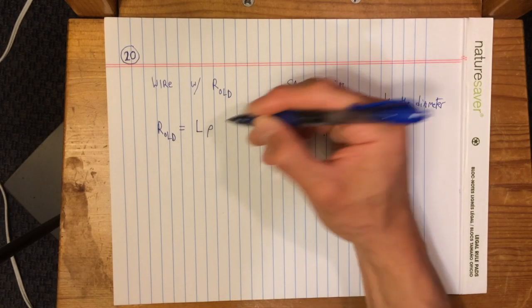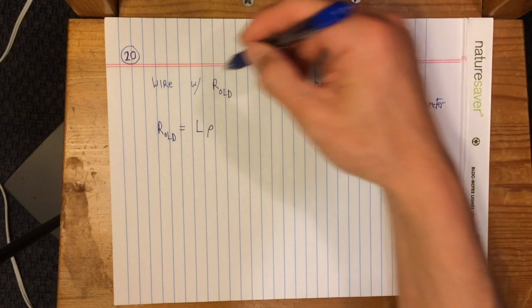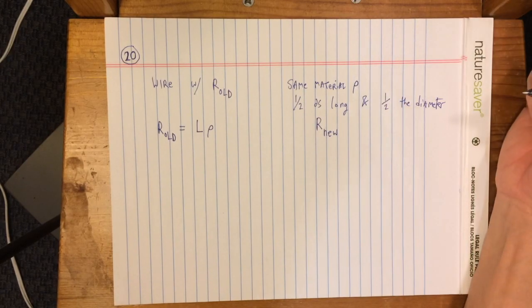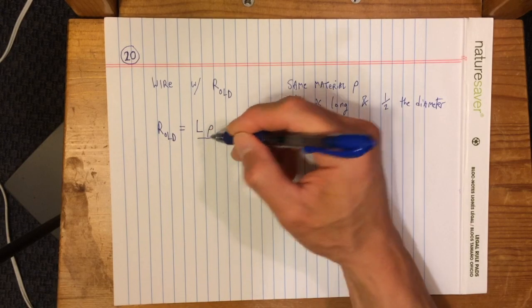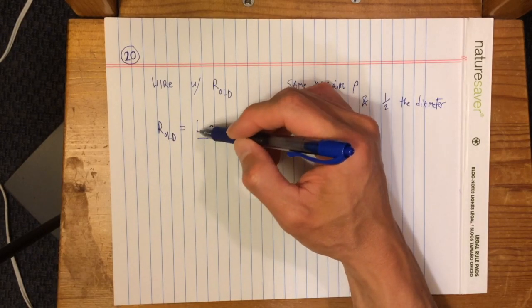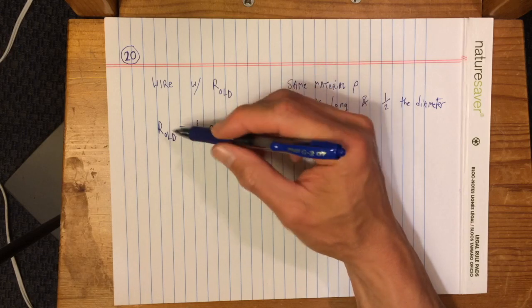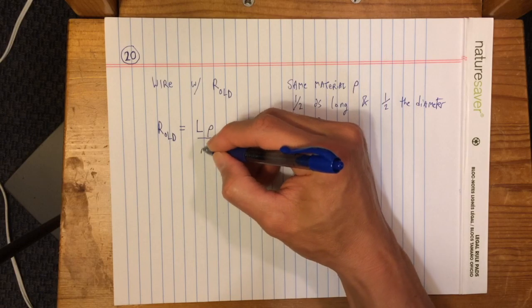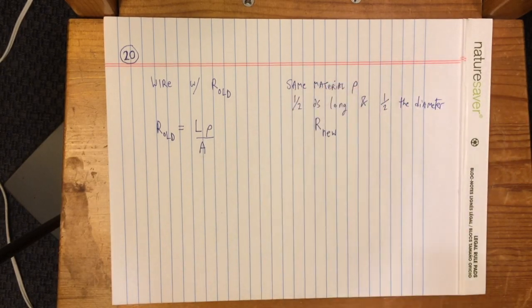It's made out of a certain material with resistivity rho. And it's described that the new resistor is going to be made out of the same material. And the resistance is directly proportional to the length, so the longer the resistive material that you have, the more resistance you have, but it's divided by the area A.